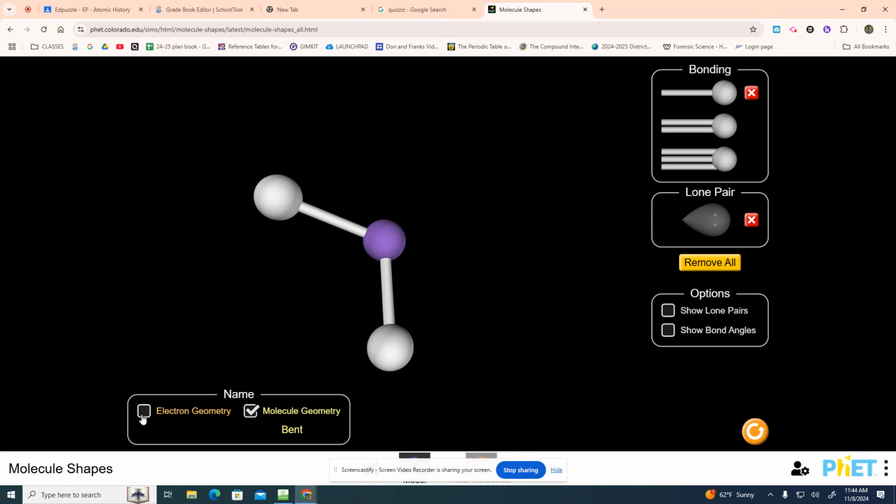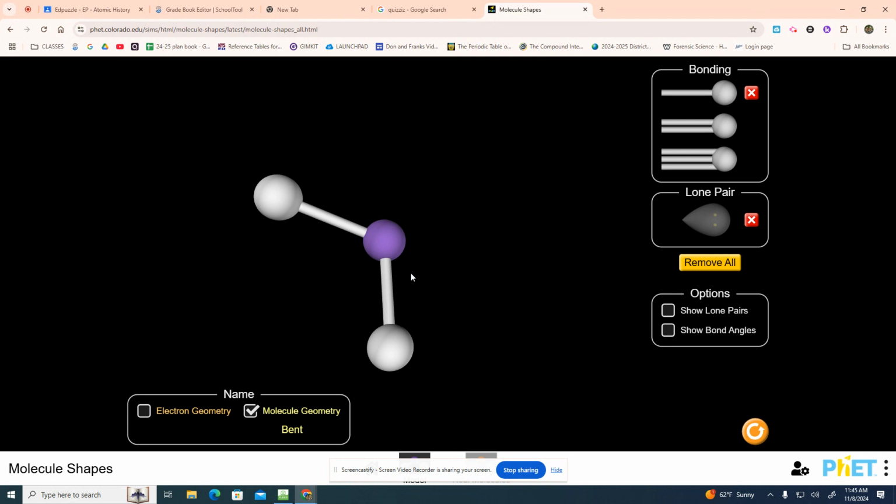The electron geometry is tetrahedral, but the molecular geometry is bent. And the difference is that electron geometry has 4 spots. There's 4 spots where you're going to find electrons. That's tetra. Bent, there's only 2. You're not looking at the non-bonding pairs of electrons out here. All right, let's look at the next one.